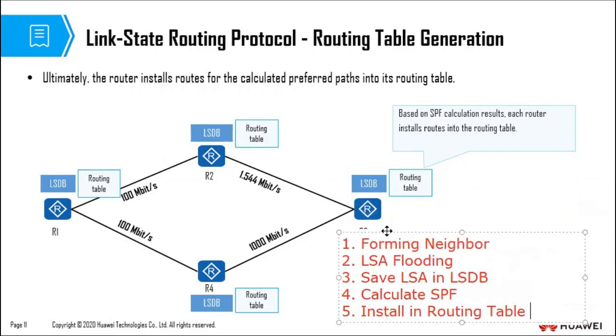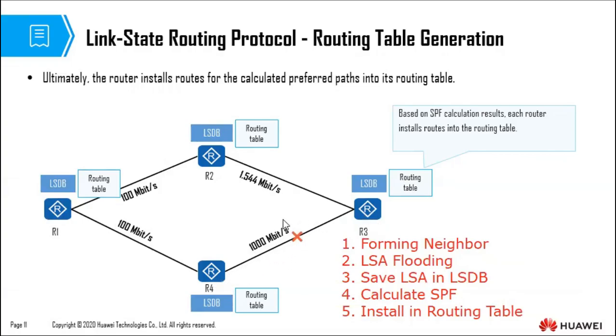Yes, please, Luya. Question? Exactly, exactly. So Luya is asking, what if the shortest path, like this is the best path from R3 to R4, what if this path goes down?